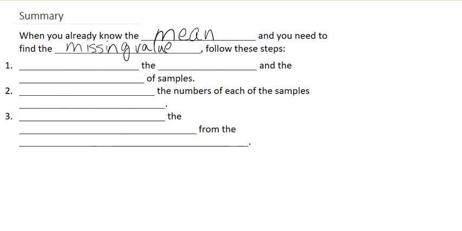Number 1, multiply the mean and the total number of samples. Next, we add the numbers of each of the samples together.